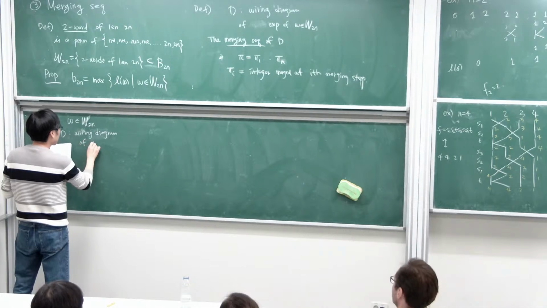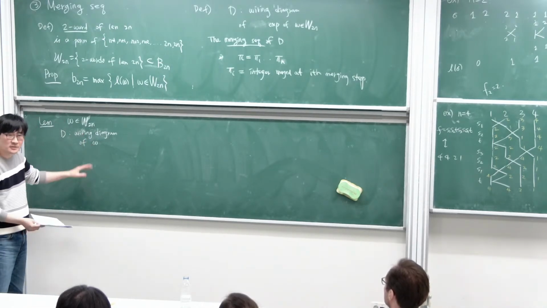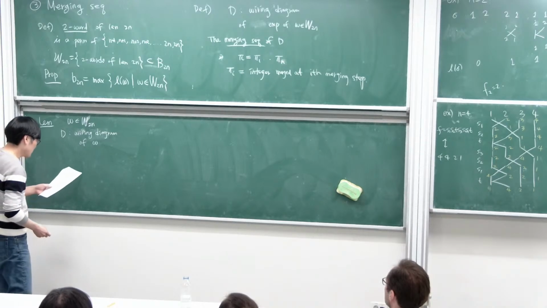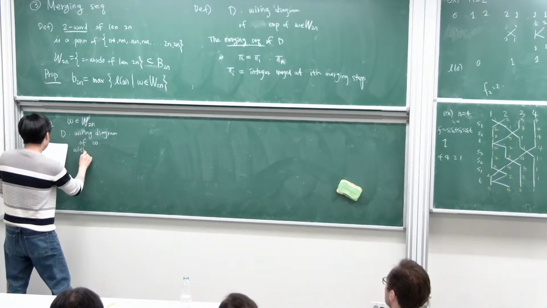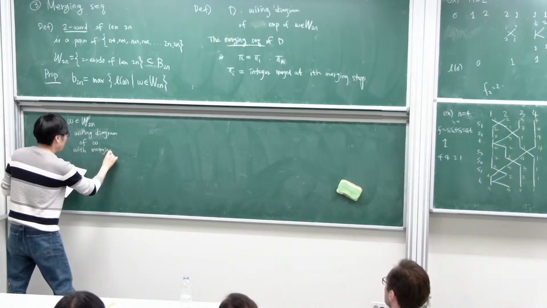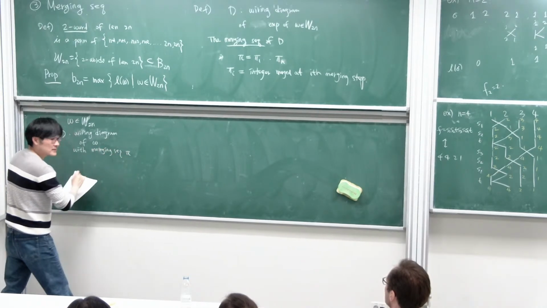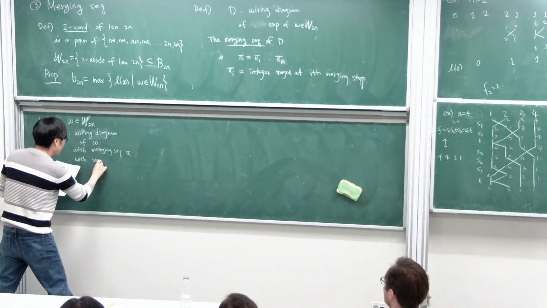Let me just say the wiring diagram of W, meaning the wiring diagram of any expression of W. So just fix this wiring diagram, with a merging sequence that is fixed, and also with the smallest length.